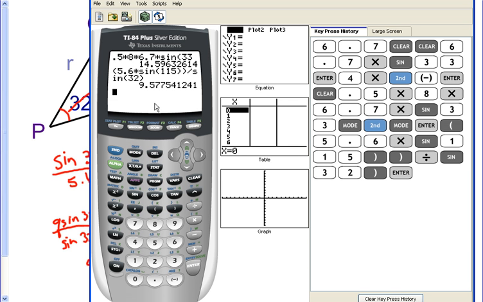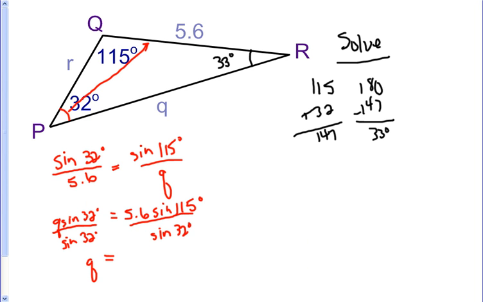That gives us q is about 9.58. Wonderful. And whatever the units are. If you want to round it to 9.6, since this is one decimal place, you could have done that as well. Now to find r, let's do law of sines again.